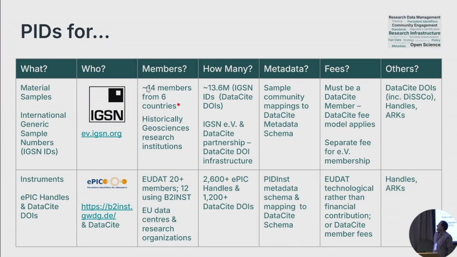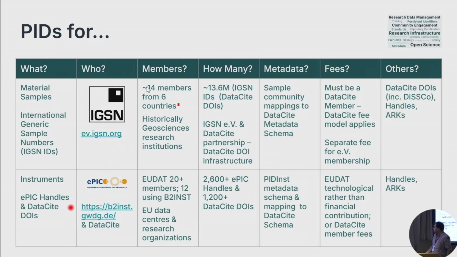There are about 14 million IGSN IDs at the moment. Alternatives include, again, general DataCite DOIs, handles, and ARKs. That also includes, which you may or may not have heard about, the Distributed System of Scientific Collections, which is also partnered with DataCite, and creates digital representations of specimens.